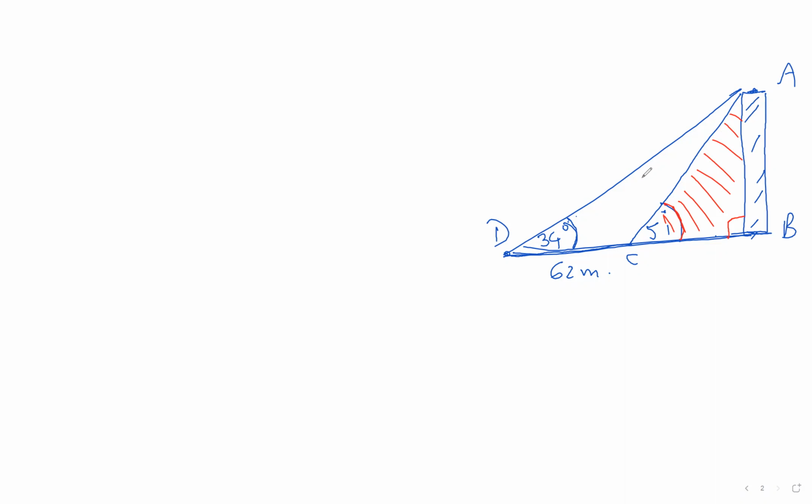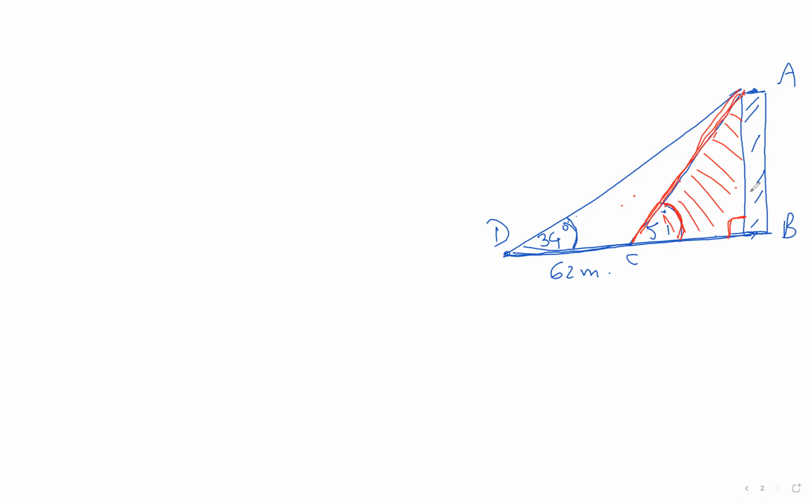So go to the other triangle, and the common side will be found to solve this triangle, because you haven't any lengths here. You cannot use the sine rule or cosine rule or trigonometric ratios without any sides. So you have to find the side. Which side? The common side between the two triangles. Why? Because you will get this side from the other triangle, and you will use it to find the height.